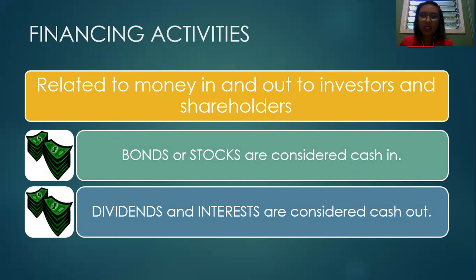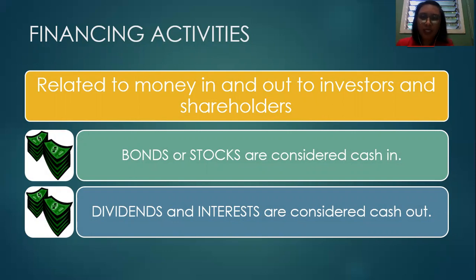Meaning, some person is going to buy bonds or stocks from you in order for you to finance the business. Dividends and interest are considered cash out. If they buy bonds or stocks, you're going to give them dividends or interest in return. What's the difference between bonds and stocks?